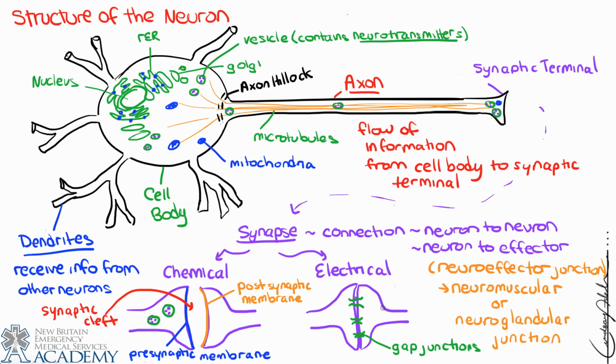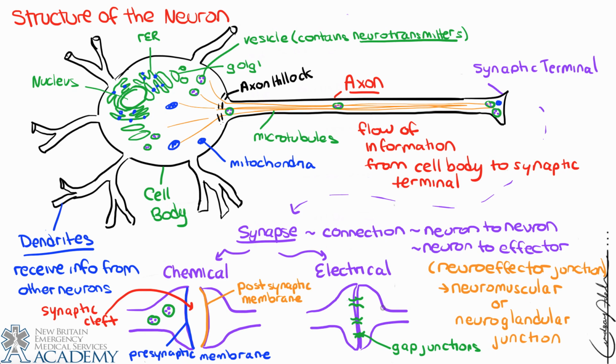The membranes are very, very close to each other, and the gap junctions function as a tunnel, so that any electrical charge coming from the axon in the presynaptic neuron will be able to travel directly through those gap junctions into the postsynaptic neuron. So that pretty much covers the basic structure of the neuron.